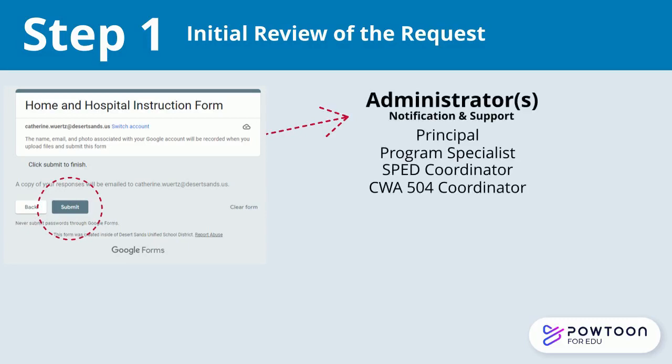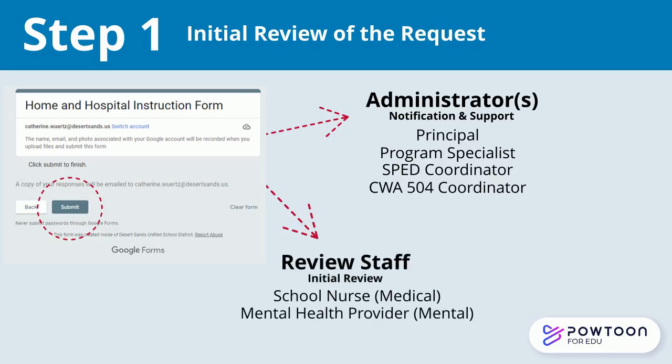If the student has an IEP or Section 504 plan, a copy will also go to applicable district administrators. For the purpose of review, a copy of the request for physical health concerns will be routed to the nurse. If the request is related to mental health, it will be routed to a designated mental health provider. The school nurse or mental health provider will facilitate the process of approval or denial outlined in Step 2.